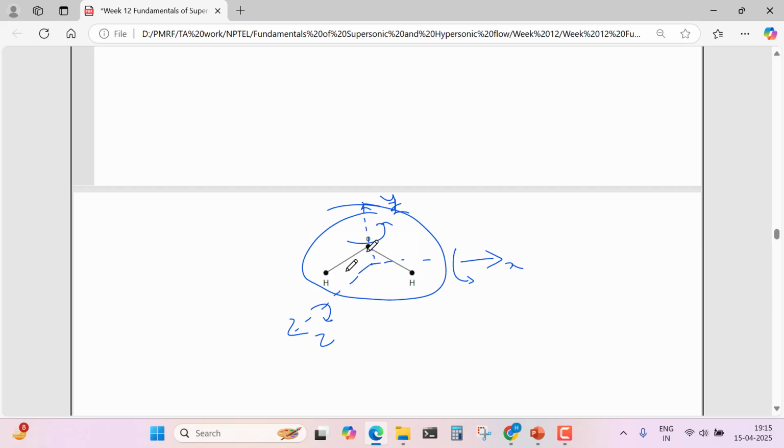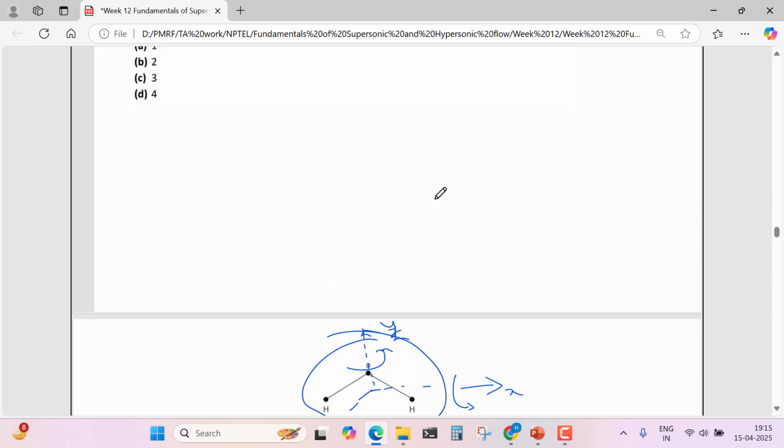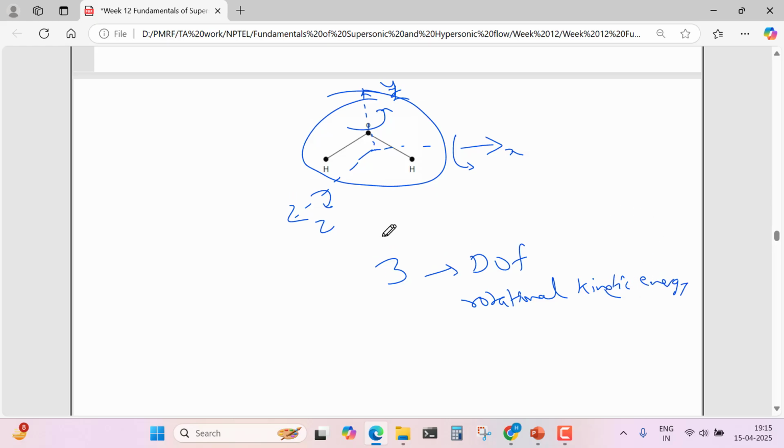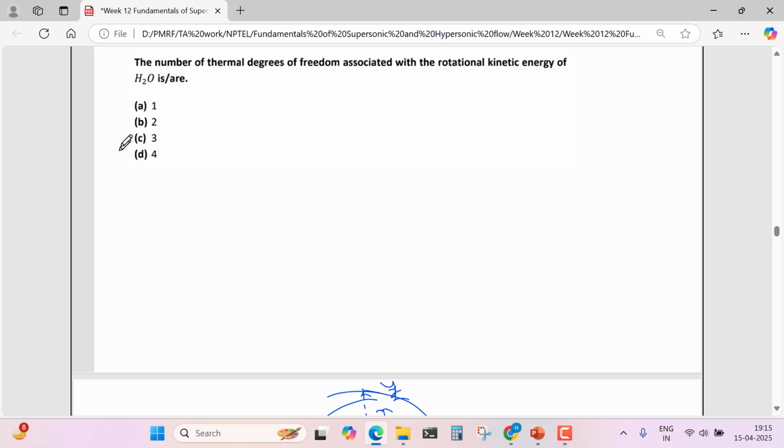As all 3 rotations have some meaningful rotational energy, that's why a total of 3 degrees of freedom are associated with rotational kinetic energy. So the answer for this problem will be option C, 3.